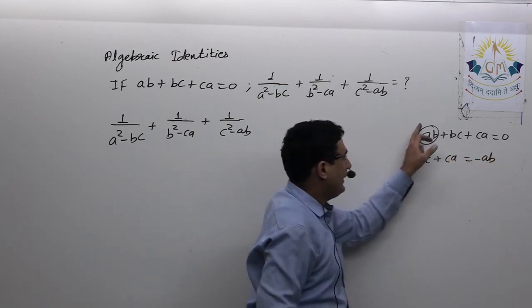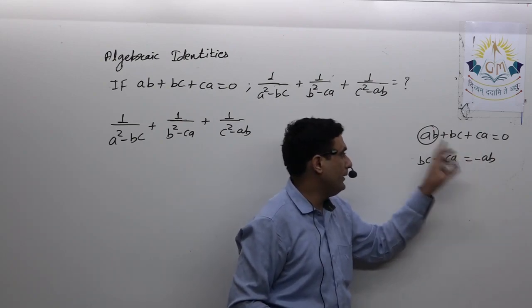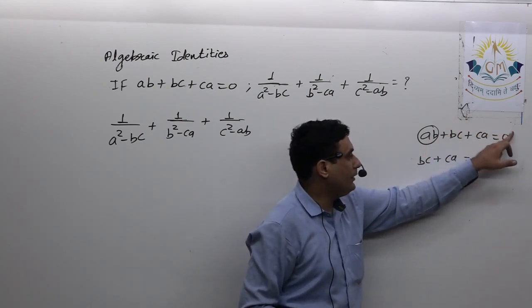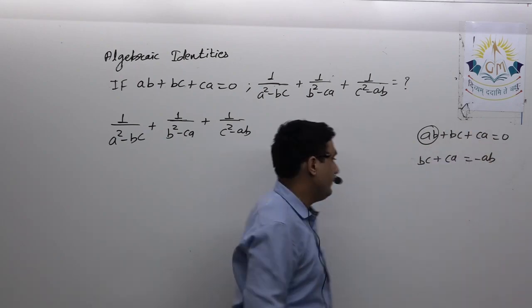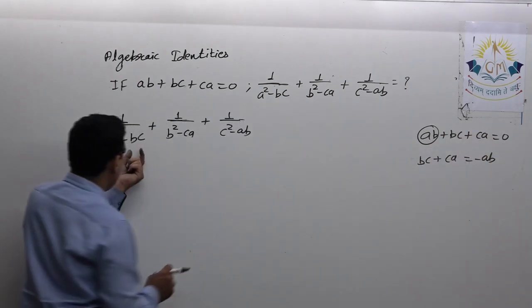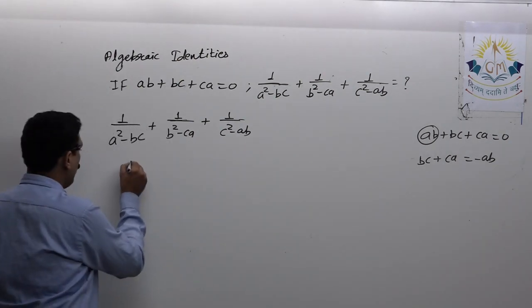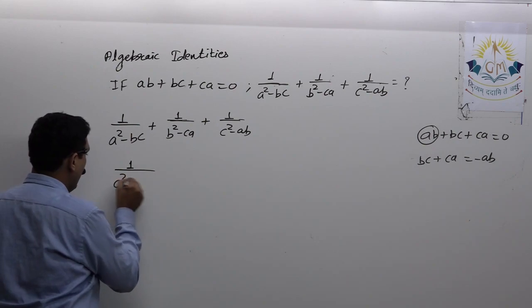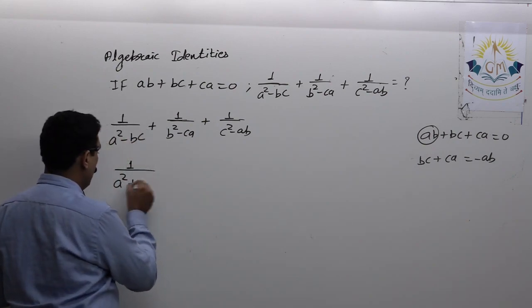Similarly, if I take BC to the other side, I get AB plus CA equal to minus BC. So actually I am trying to replace minus BC, minus CA and minus AB. So minus BC will be equal to AB plus AC.